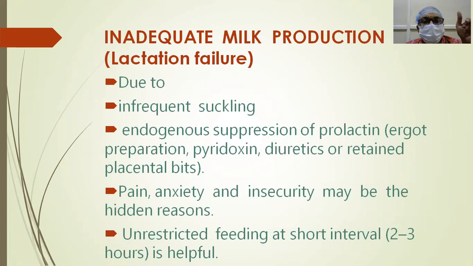So if there is infrequent suckling, the milk production will be less, or the prolactin will stop releasing, or there is some endogenous suppression by some drugs or retained placenta. Pain, anxiety, and insecurity may be some reasons for inadequate production. Unrestricted feeding at short intervals, 2 to 3 hours, is very helpful.